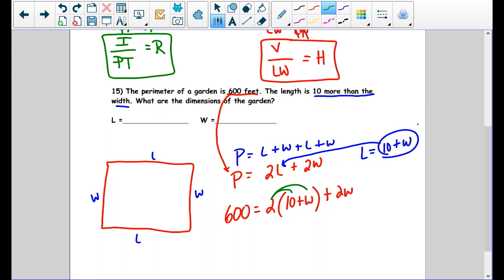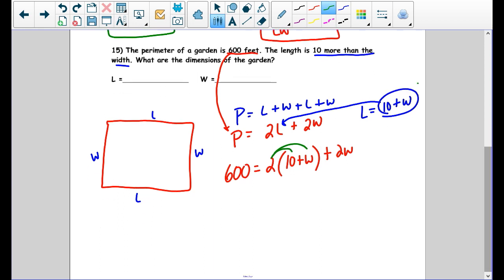So distribute. So 2 times 10, 20. 2 times W, 2W plus 2W equals 600. So again, we can combine like terms here, have 2 W's, right? If I want to do 2 steps at one time, I can subtract this 20.